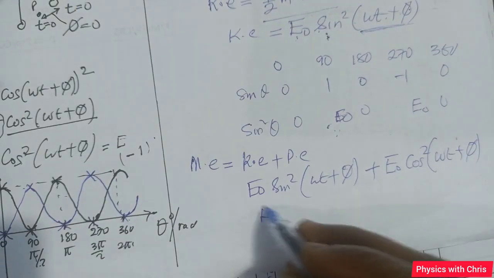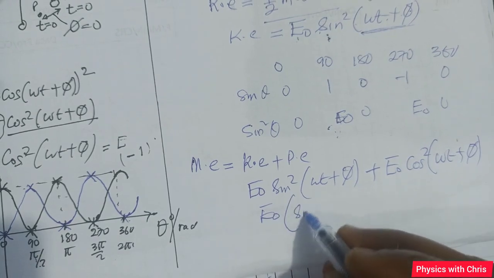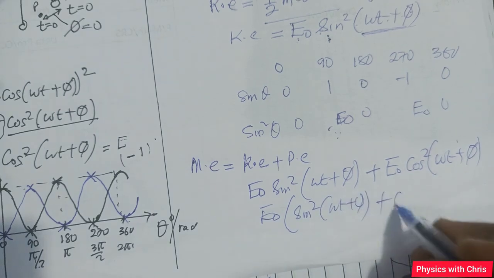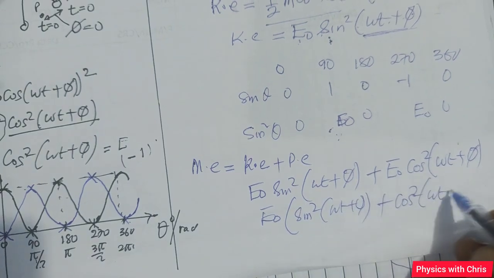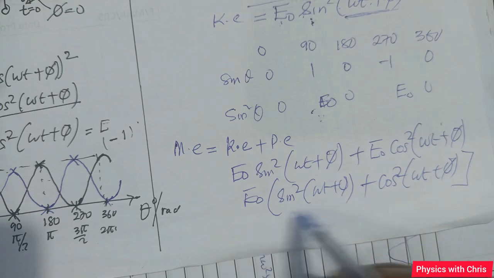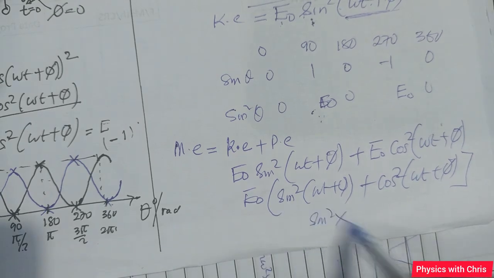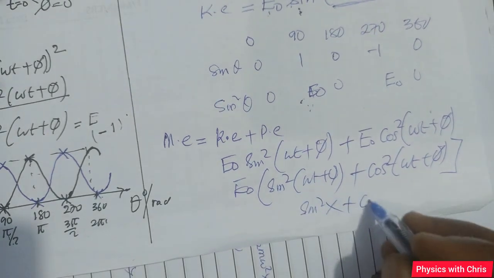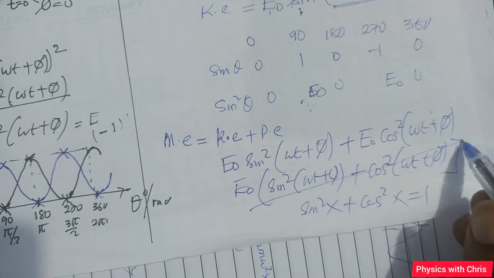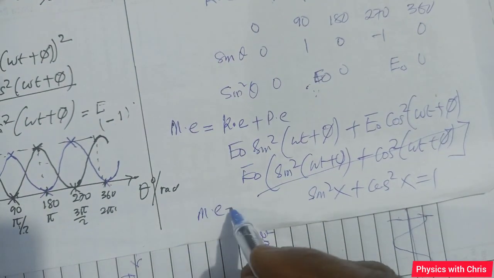I'm going to factor out E naught, which gives me sine squared plus cos squared of (omega t plus phi). From the trig identity, the sine squared of an argument plus the cosine squared of the same argument is equal to 1. So this reduces to 1, and my total energy is the same thing as E naught.